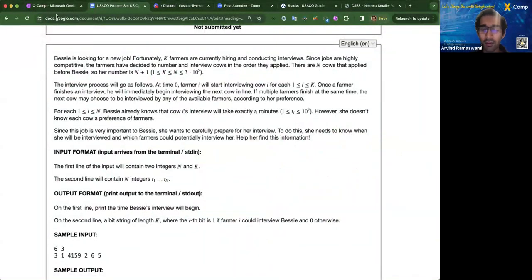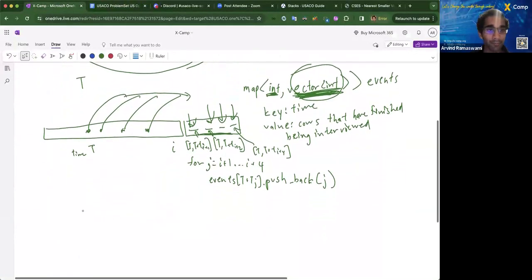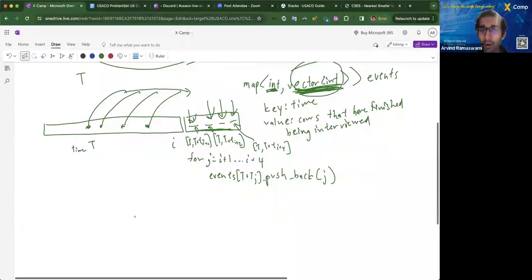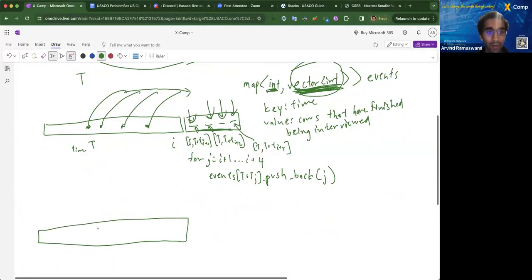Whether farmer i could interview Bessie, for the first i farmers, right? So we can think of this problem as a graph. I'm going to draw the same picture again because we can try to see what happens. Ideally, we want to know which of the first K farmers. Let's say i is the number of cows that have either started interviewing at the next event.